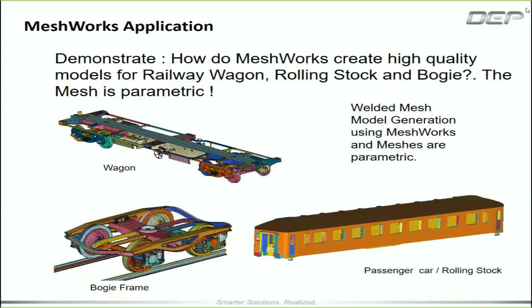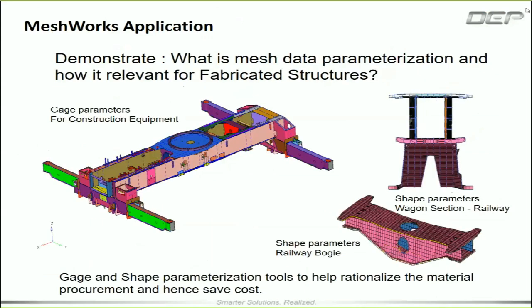Whereas in the older days, we used to create all these control blocks, which takes a lot of time, and a lot of experience and expertise was needed for such operations. But using the latest technology in Meshworks, the mesh becomes parametric once you do the meshing. And this is about the parameterization and how we can apply it to different fabricated structures.